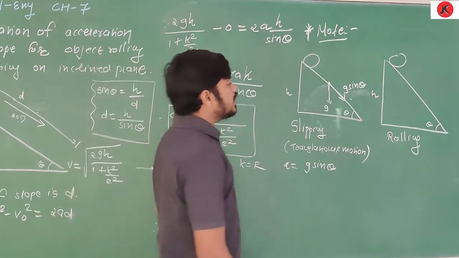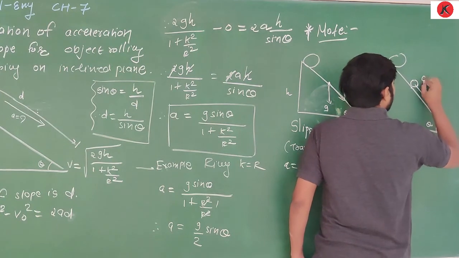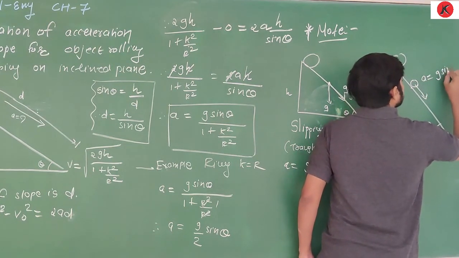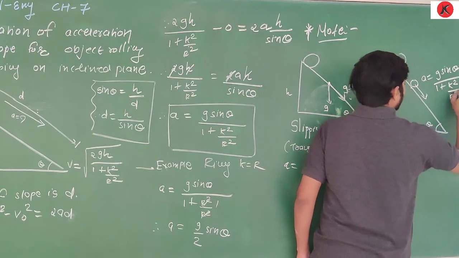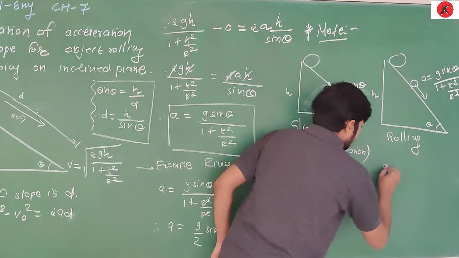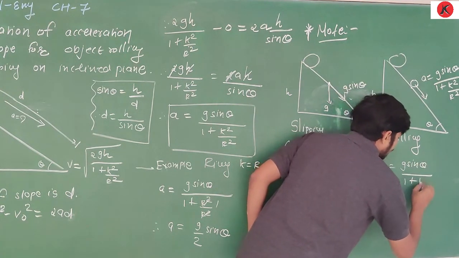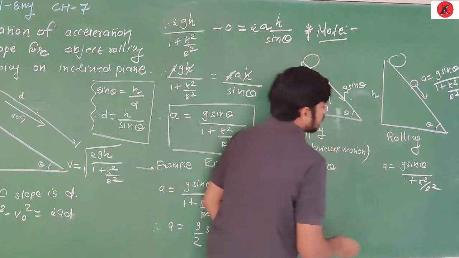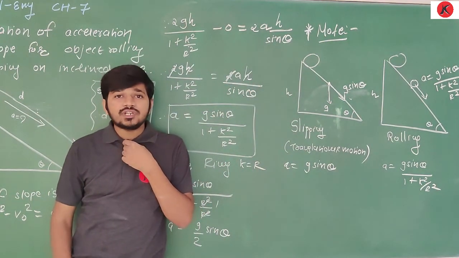But in case of rolling motion, the acceleration parallel to the slope is a is equal to g sin theta upon 1 plus k square upon r square. So you have to remember this one difference.